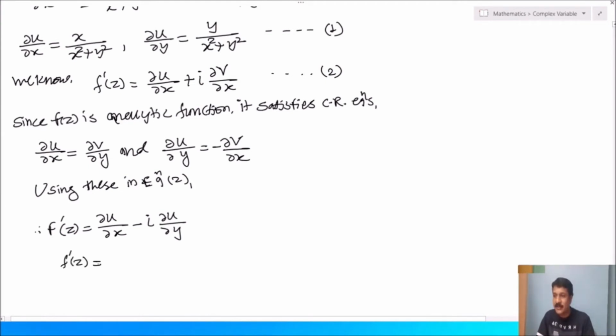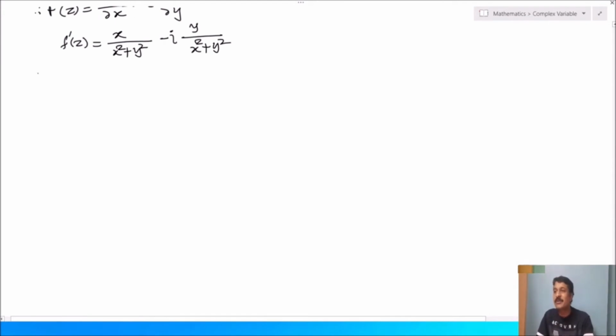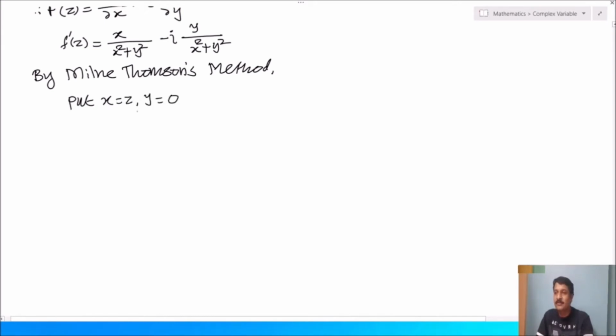So f dash of z equal to x upon x square plus y square minus i y upon x square plus y square. Now find this value in terms of z by Milne-Thomson's method. Put x equal to z, y equal to 0, and therefore f dash of z equal to z upon z square plus 0 minus i into 0. So f dash of z equal to 1 by z.